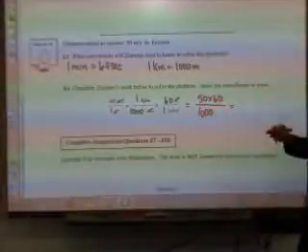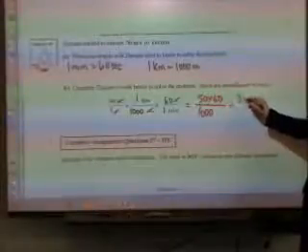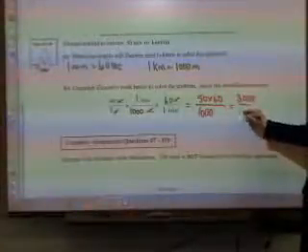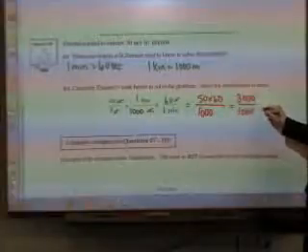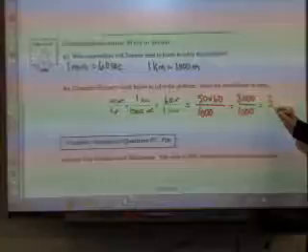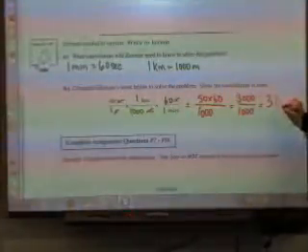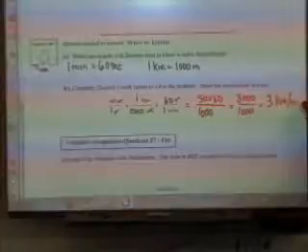So it's 50 times 60, 3,000. So then 3,000 divided by 1,000, and this becomes 3 kilometers per minute.